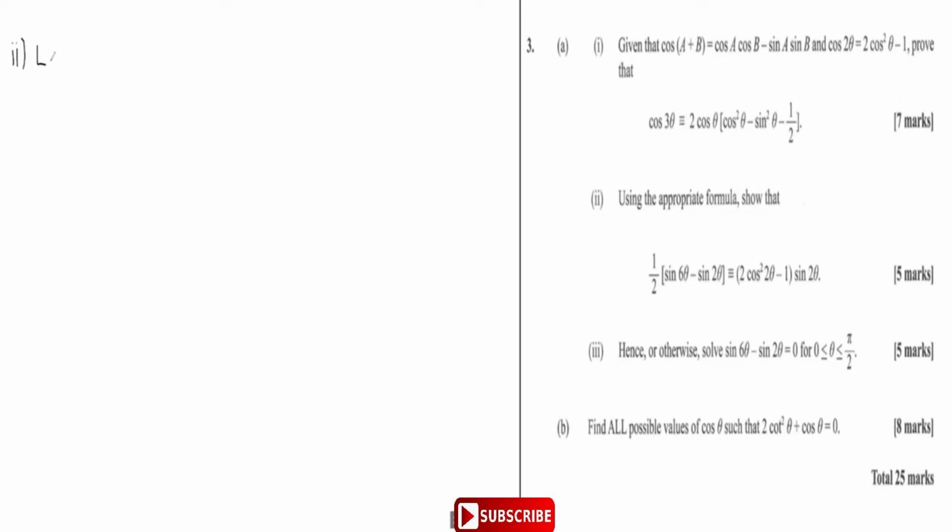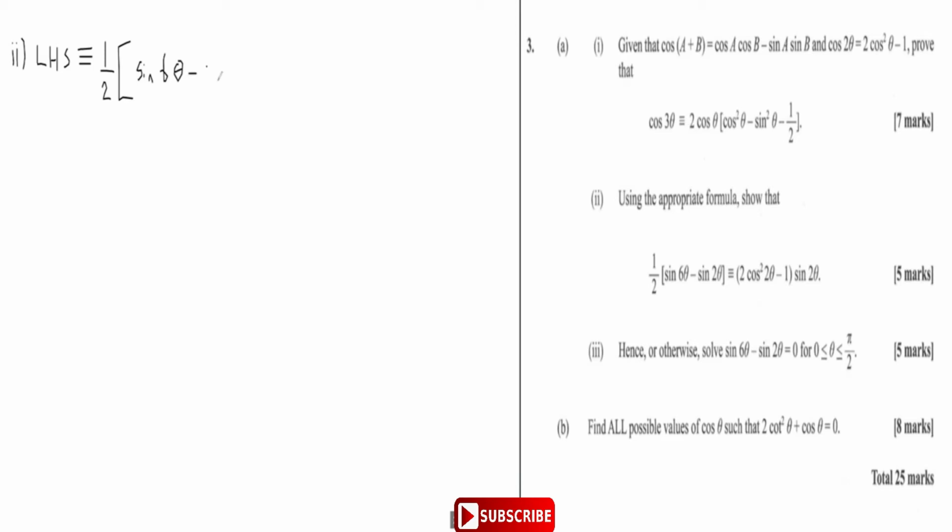So I always like to start with writing down what my left hand side is. My left hand side is equivalent to a half of the sine of 6 theta minus sine 2 theta.